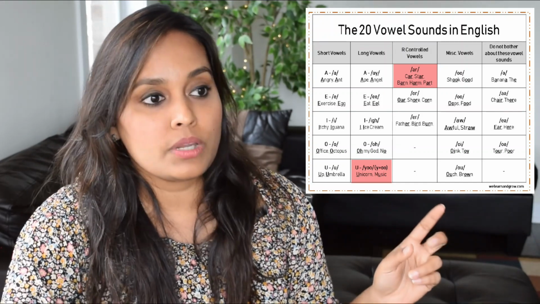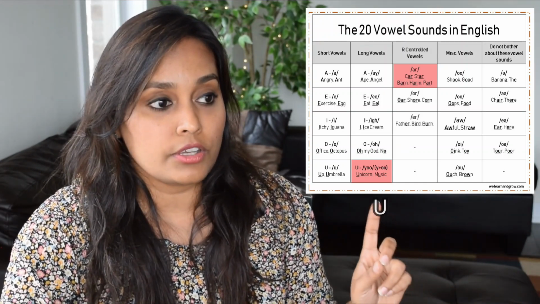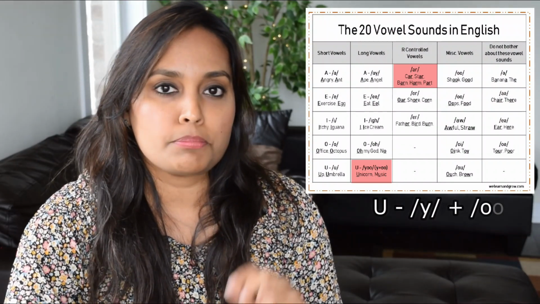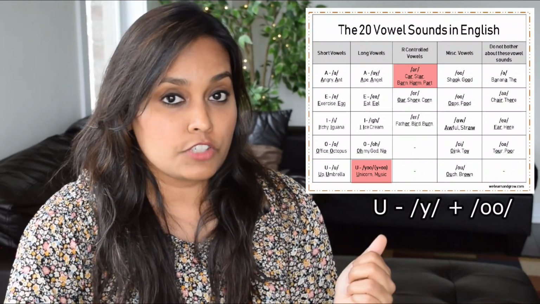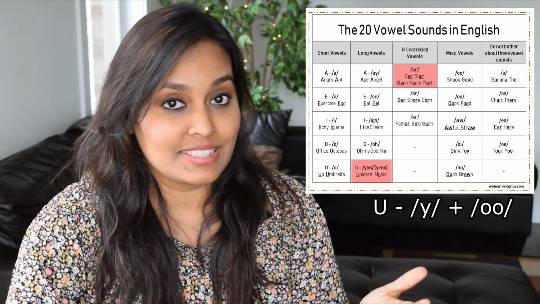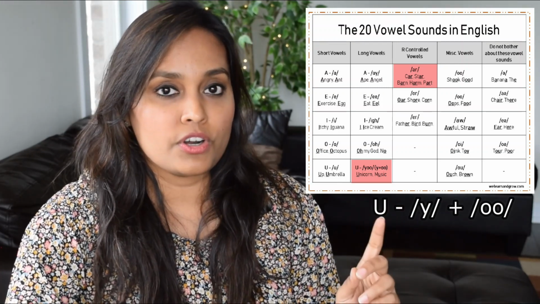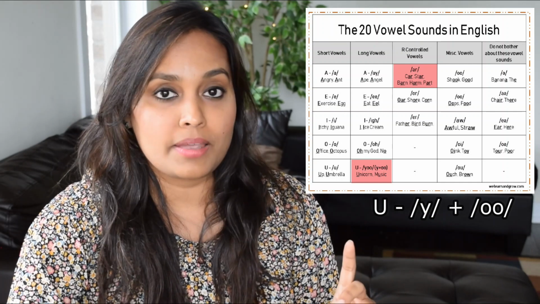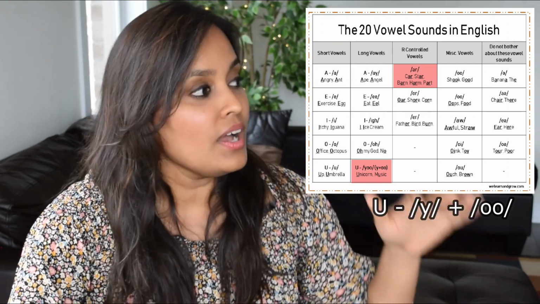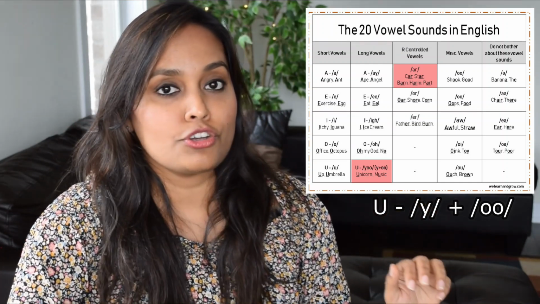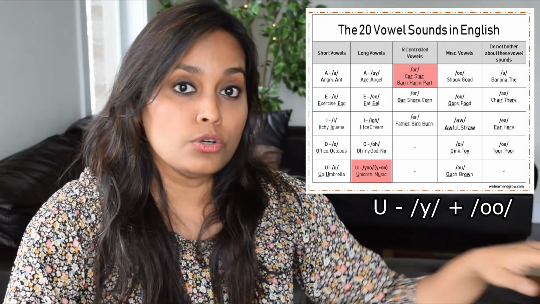And the second sound is the U sound, and U sound is a combination of 2 sounds. If you would have seen my previous video that I did on consonant sounds, we went over the Y sound. Y makes the Y sound. So U is a combination of Y and the long U sound.